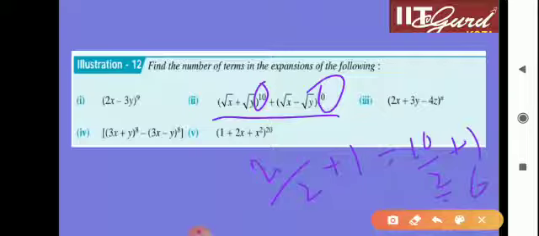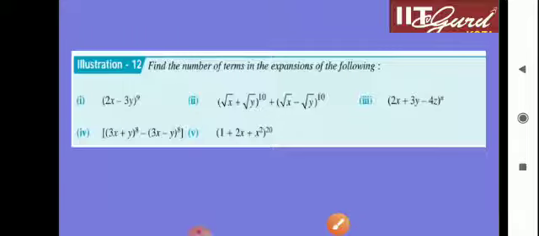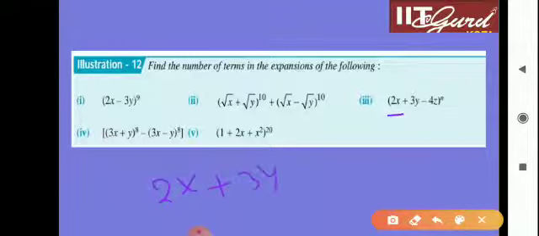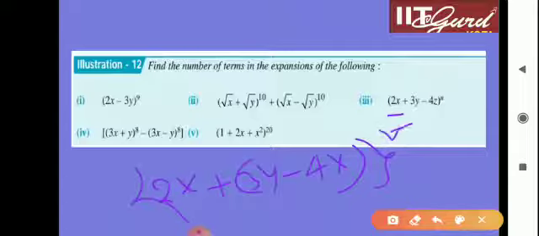Okay, so let's see another question. Here this is a trinomial. In this trinomial, how many terms will there be? If you expand this 2x plus 3y minus 4z, consider 3y minus 4z and put it in one bracket, and 2x as another. So you can write 2x plus (3y minus 4z) in one bracket to the whole power n.